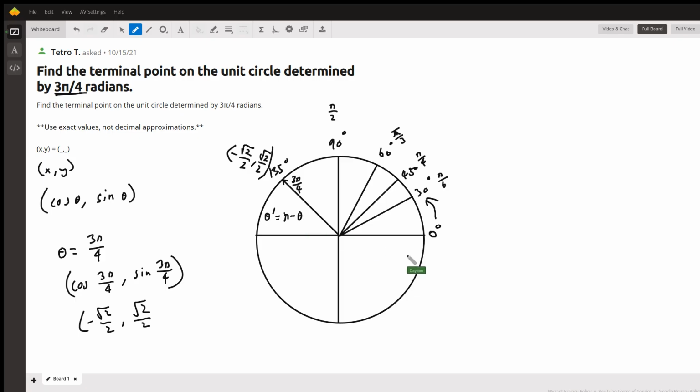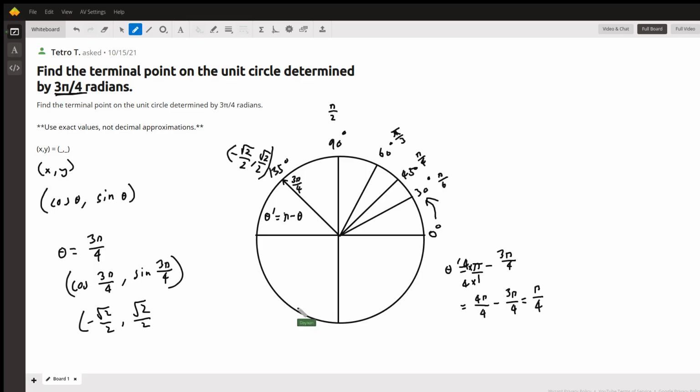So basically we do pi minus our angle, 3 pi over 4. We can make this a fraction. We can subtract fractions only when the denominator is the same, so we multiply by 4 over 4. That gives us 4 pi over 4 minus 3 pi over 4, and that is basically pi over 4.